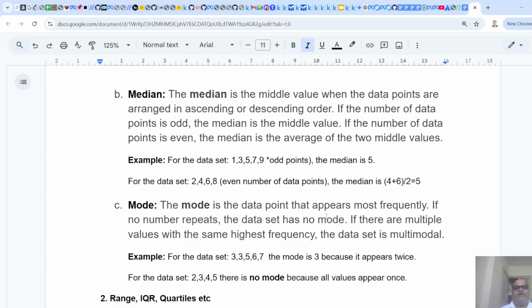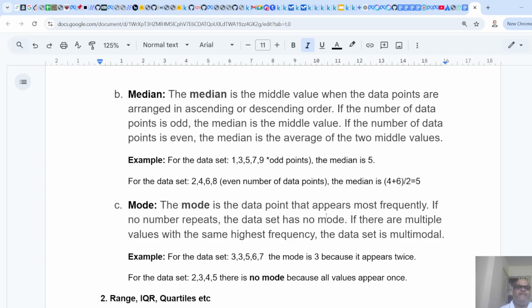And as you know, to find the median, if there is an odd number of data points, it will be your midpoint. If there is an even number of data points, it will be the average of your two midpoints. So if there are a few very big positive or very big negative numbers, your overall representation is very close to the median.